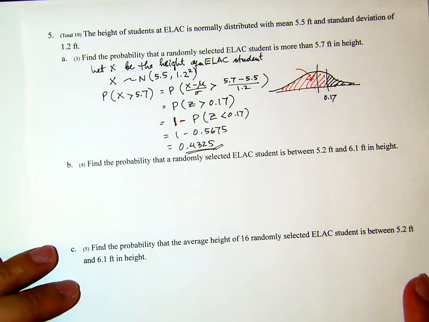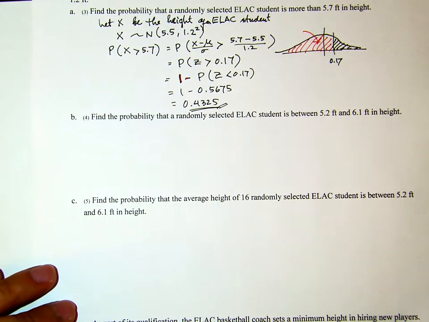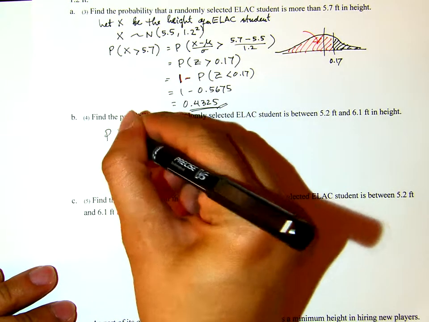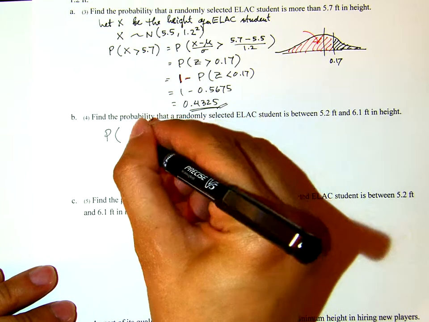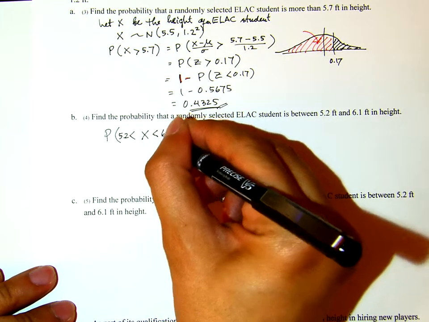Now part B: find the probability that a randomly selected ELAC student is between 5.2 feet and 6.1 feet. We can use the same random variable X, but this time X should be between 5.2 and 6.1.